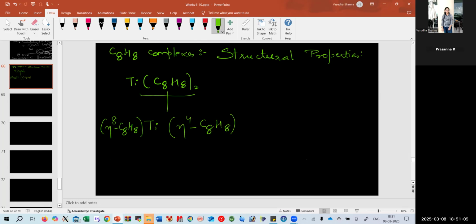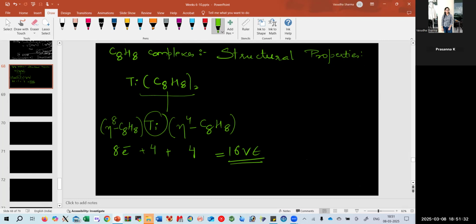It is not that both are eta 8, because if you count, it would give 8 electrons here. Titanium is 4 electrons, and 4 electrons are coming from here. It's 16 valence electrons, which is required. If it were 8 and 8 plus 4, that would be 20 valence electrons. So titanium in this particular case makes a 16 valence electron stable complex.